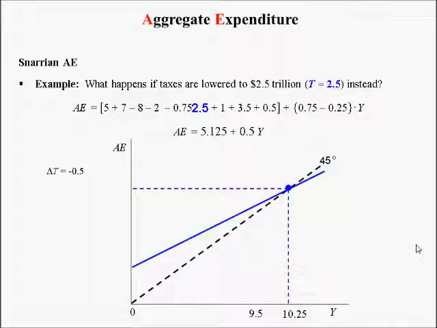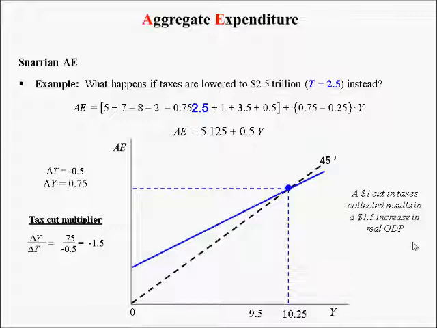So the tax cut of 0.5 trillion increased GDP by only 0.75. The increase in government spending increased real GDP by 1 trillion. The same size tax cut only increased GDP by 0.75, right? So the tax cut multiplier is smaller than the government spending multiplier using the numbers I've assumed here, right?